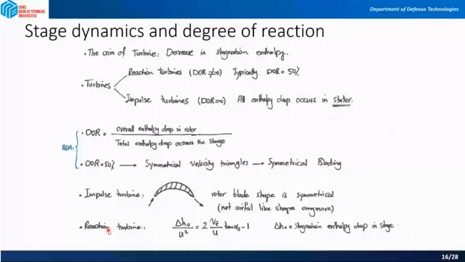So this is a good assumption in here. So your alpha 3 is equal to 0 and it is equal to your beta 2. So the velocity diagram becomes a rectangle in this manner. And then when you calculate your total drop of enthalpy over u squared, it will be equal to 1.